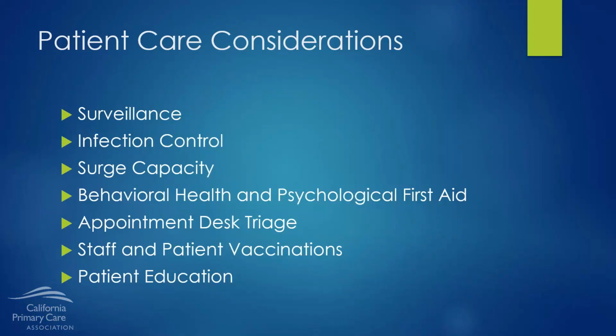So we've hit surveillance, infection control. Some of the other sections in the patient care section are surge capacity, behavioral health and psych first aid, appointment desk triage, staff and patient vaccinations, and patient education.